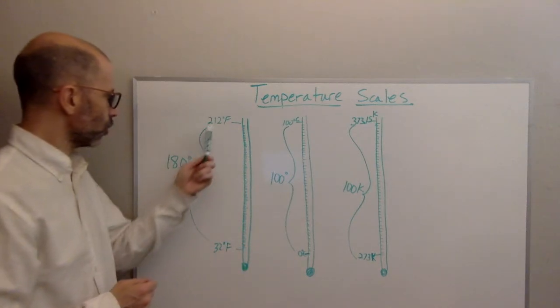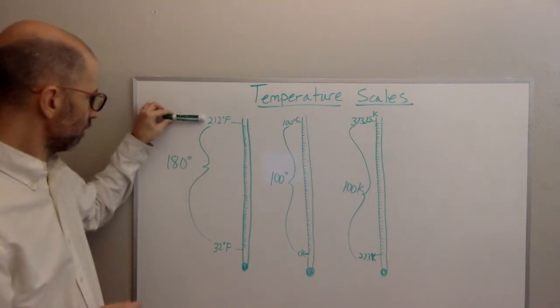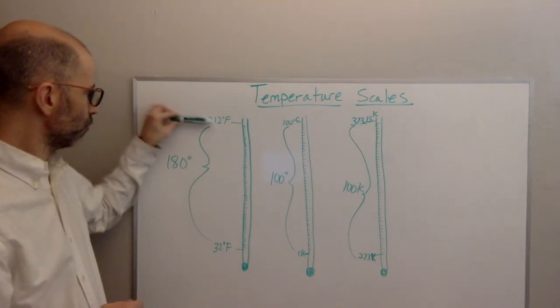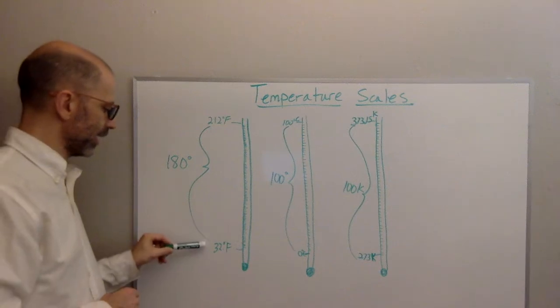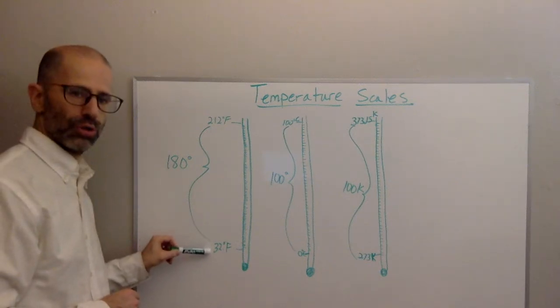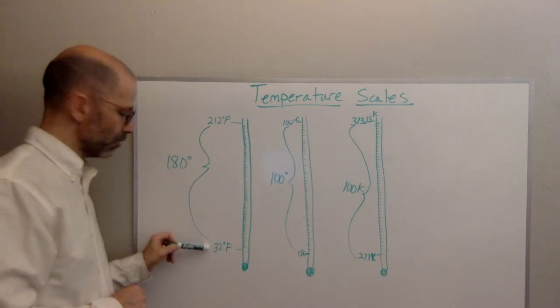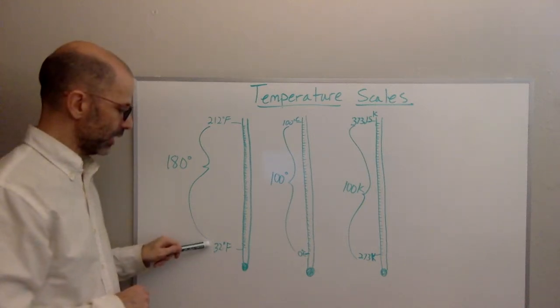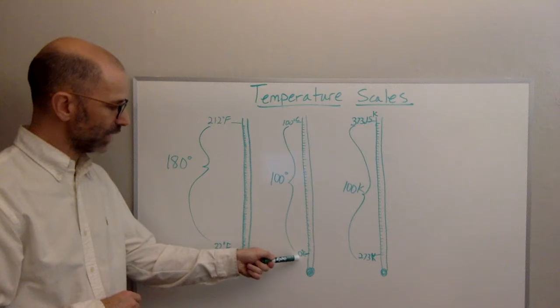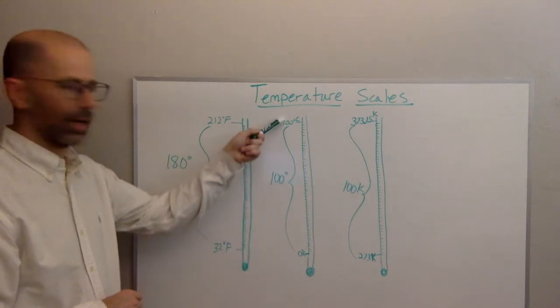They set the boiling of water at 212 degrees Fahrenheit and the freezing of water at 32. So the lowest marked here is 32. You can go below, but 32 is marked here. Whereas in the Celsius scale, it's 0 and 100.